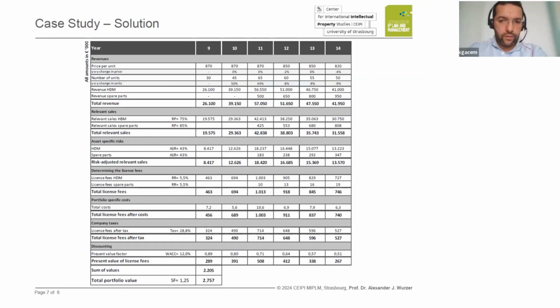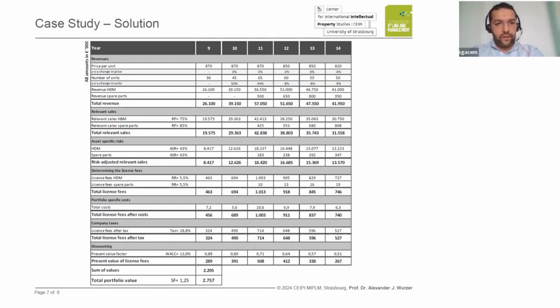So similarly here we calculated for HBM and for spare parts, and with the sum we get 463 to 746 at the 6th year.